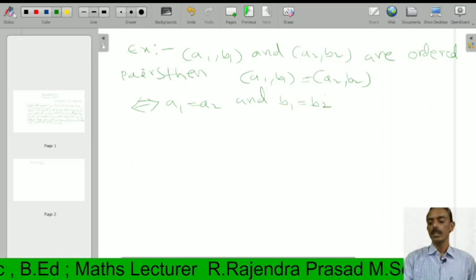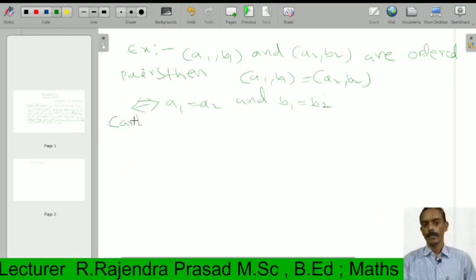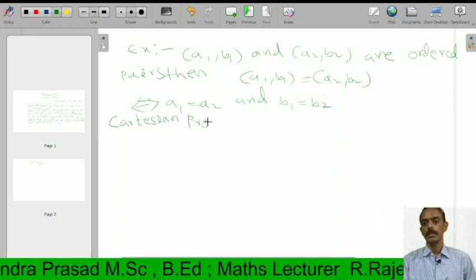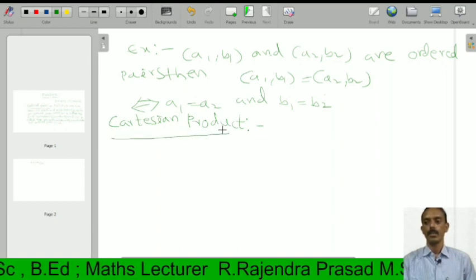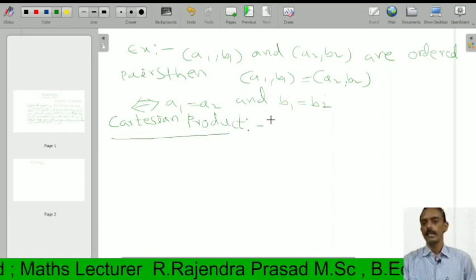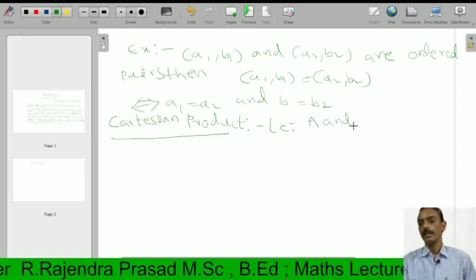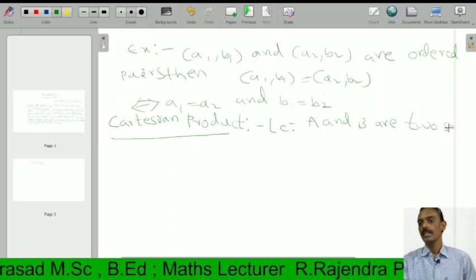Next, Cartesian product. Let A and B be two sets.